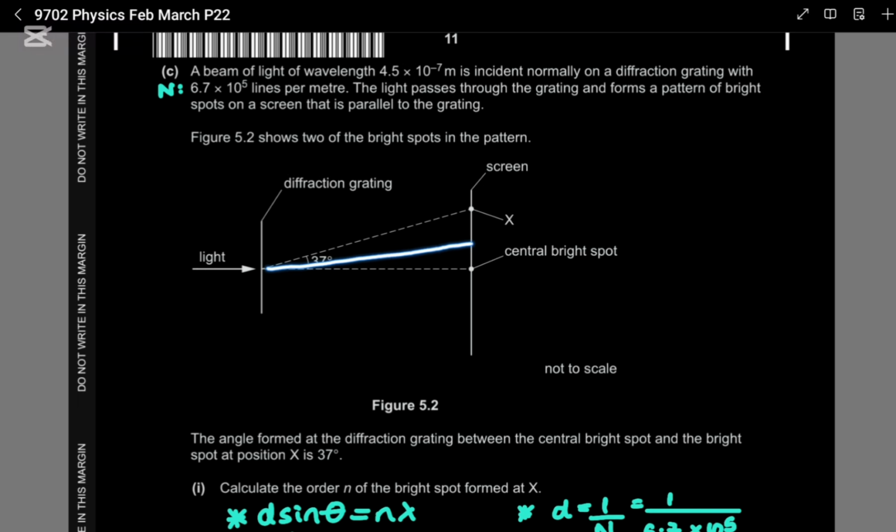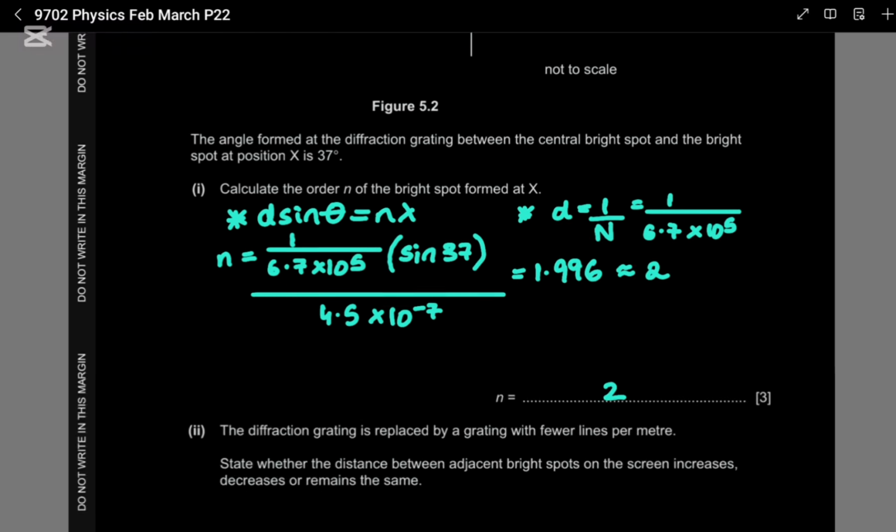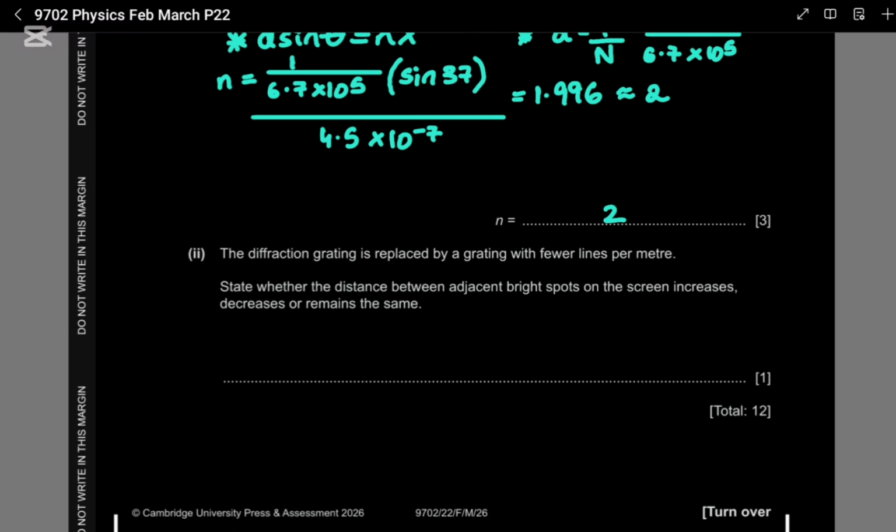So look, the distance between the adjacent maximas decreases. One is going to form down over here also. The distance decreases compared to the original one. Look at the distance. It has decreased significantly, yes? So that's the key over here.